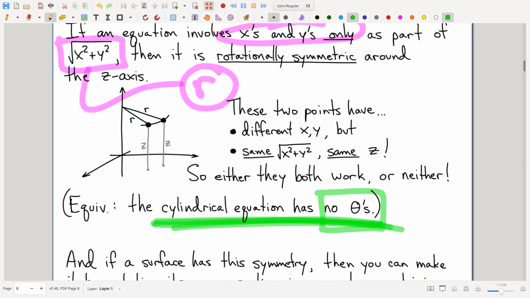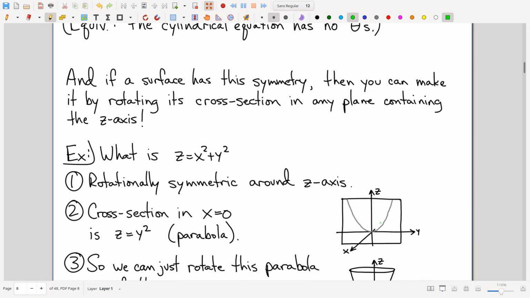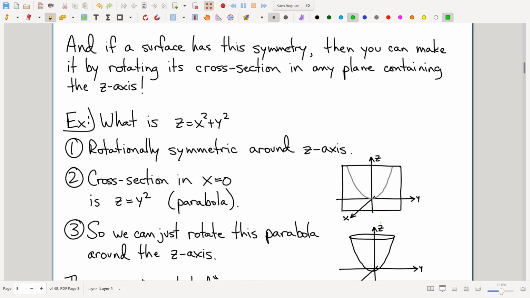Okay. So let me show you why I think this is very, very valuable. I think this is huge. Here's the critical example, and that is if a surface has rotational symmetry around the z-axis, then all of the theta slices look exactly the same.